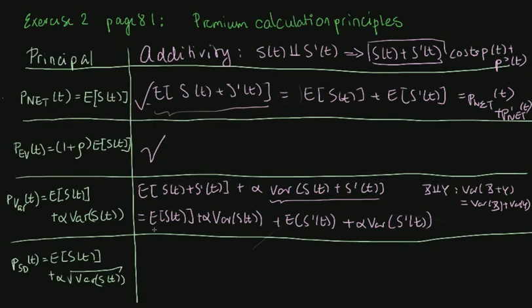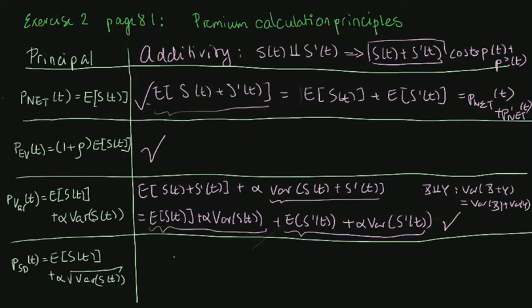And I recognize this part as the price under the variance principle for S of t, and this part as the price under the variance principle for insuring S prime of t. So additivity is also satisfied here.